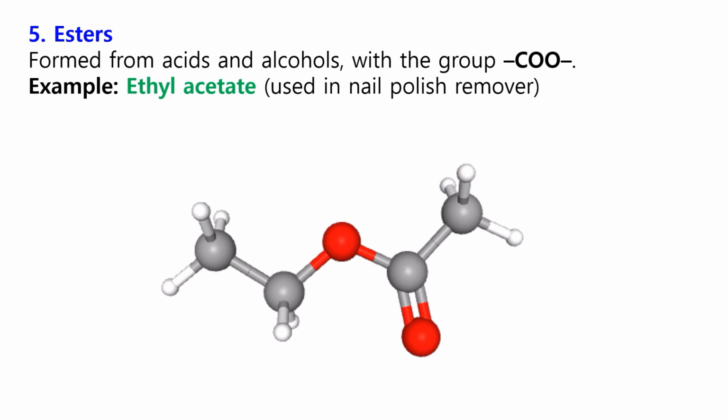And esters are formed from acid and alcohol, with the group COO. This is the ester group. Example is ethyl acetate. You can see here CH3 COO CH2 CH3. This is the ethyl acetate molecule. This is an ester molecule.